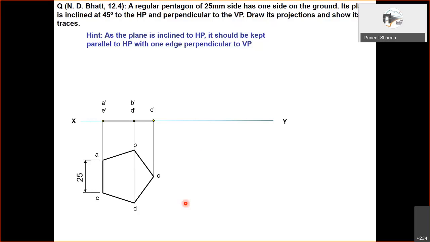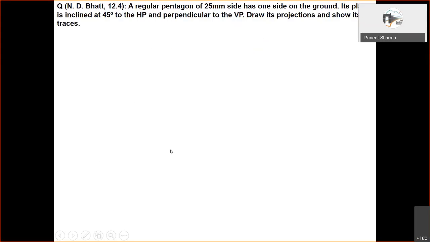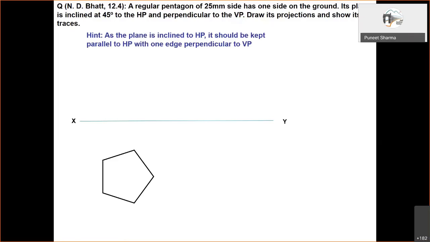As we discussed initially, A and E both we proceeded until the first step. So let me bring it over here. What we were discussing is, in this diagram, we have kept the plane on the horizontal plane, because the condition is that one of the edges is on the ground.